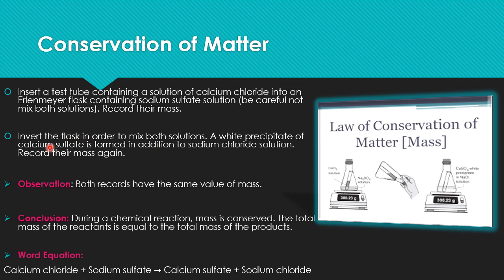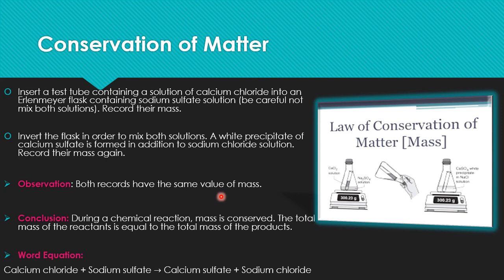And the obtained products are calcium sulfate, which is represented by the white precipitate, and the second product is sodium chloride. Now you have to record their mass again. So you have to record the mass after mixing both solutions, after performing the chemical reaction. The observation is that both records have the same value of mass. You will obtain the same value.